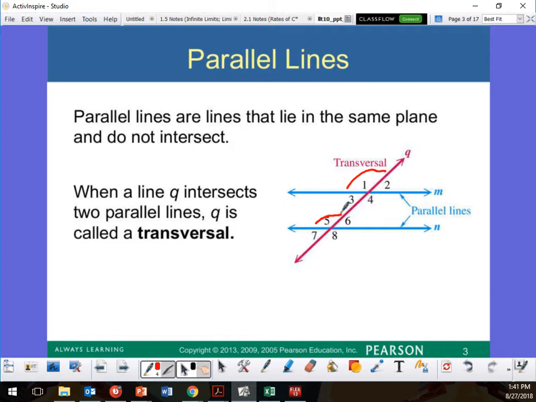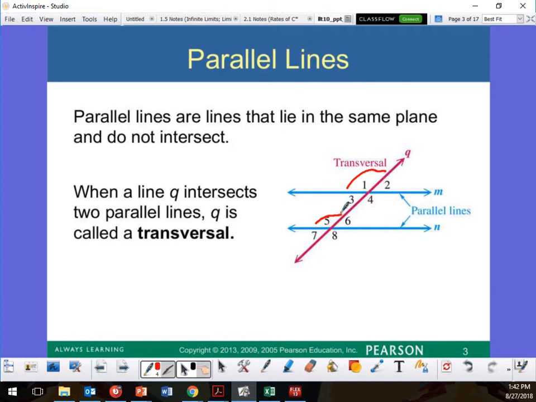You're close. We had a special name for this. Time's up. They're corresponding. If you remember, it is inside, outside, same side of the transversal: corresponding. So those are corresponding there.